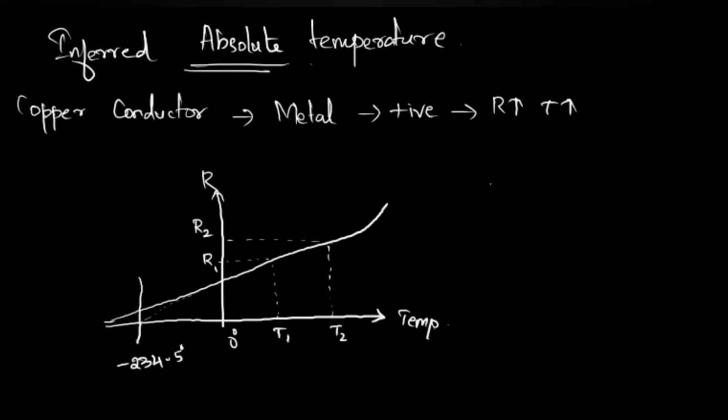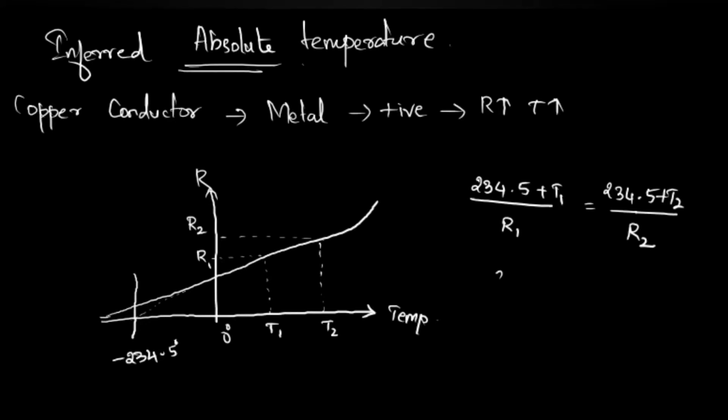By applying the law of similar triangles and simplifying, we will have a relation (234.5 plus T1) divided by R1 is equal to (234.5 plus T2) divided by R2. This 234.5 is nothing but the inferred absolute temperature of copper. For every material, this inferred absolute temperature will be different. For example, for silver it is 243 and for gold it is 274.